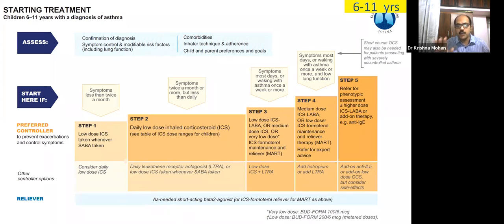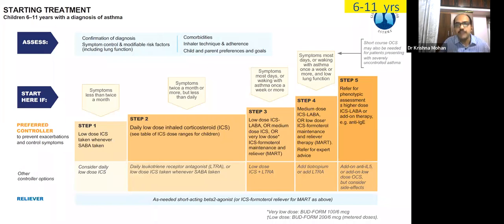In step 3, we have 3 options. Either increase the dose of inhaled corticosteroid to medium, or add a LABA to the ICS, or use what is called a very low dose ICS formoterol maintenance and reliever therapy. So these are the three different options we have available for step 3.